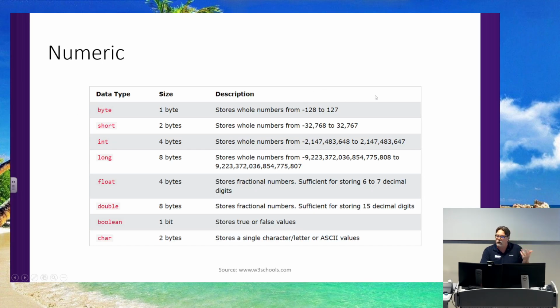So here's a quick rundown of the different data types. Even though you see char down here at the bottom, char can be thought of as just 2 bytes of memory.